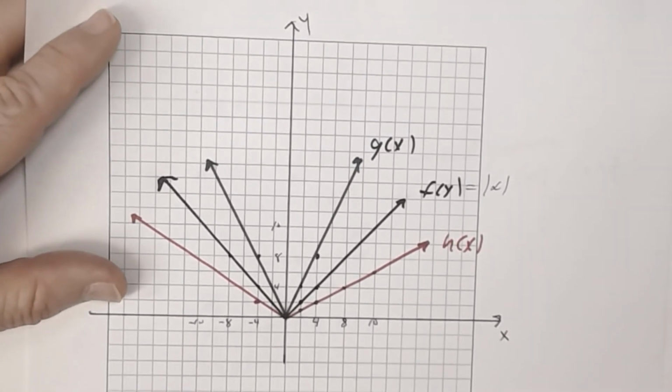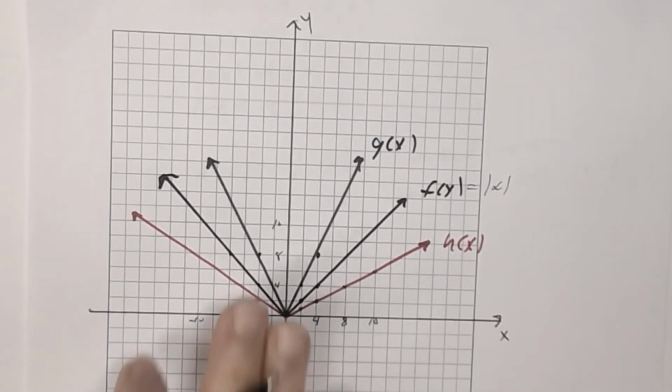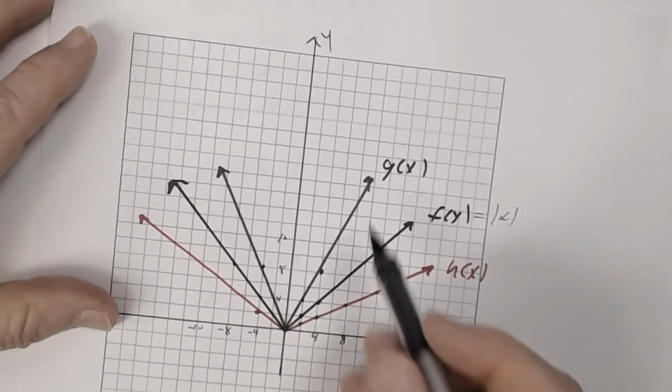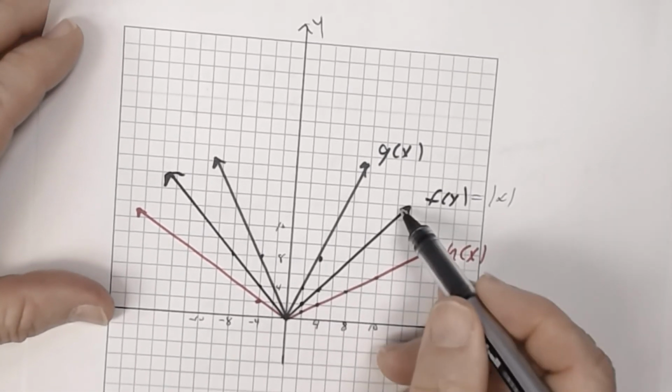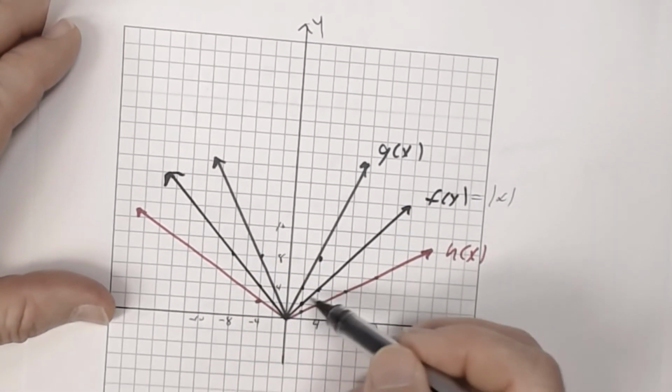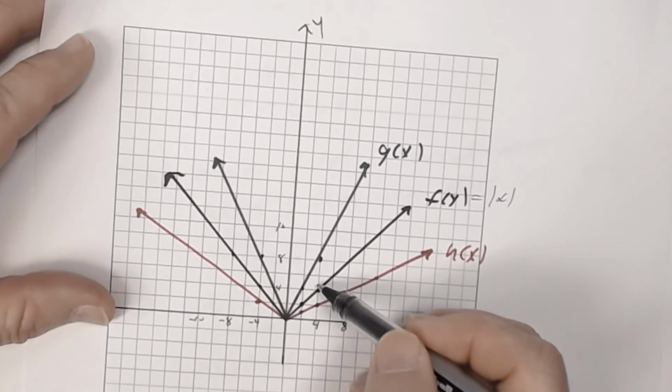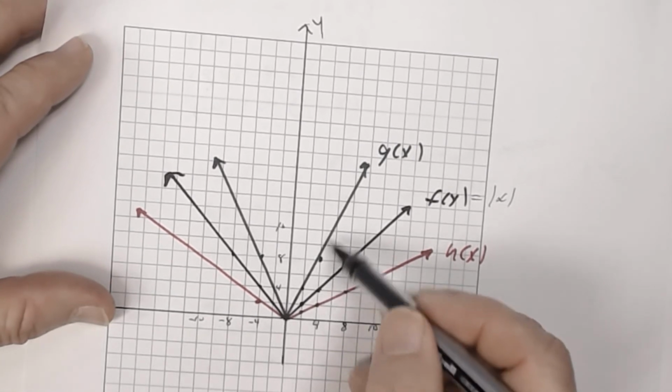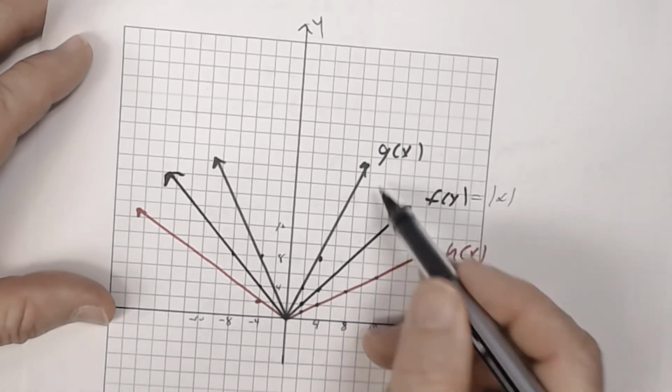All right. So the takeaway from this one is this. Whenever you're dealing with a vertical stretch, you're taking the point on your basic function, in this case f of x, and you're moving it away from the x-axis. Okay, you're moving it up.